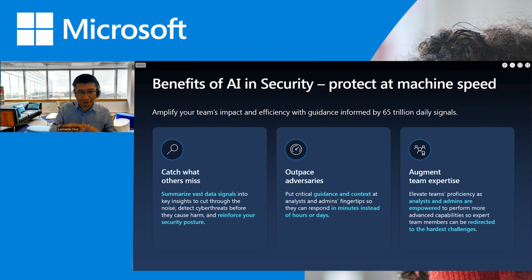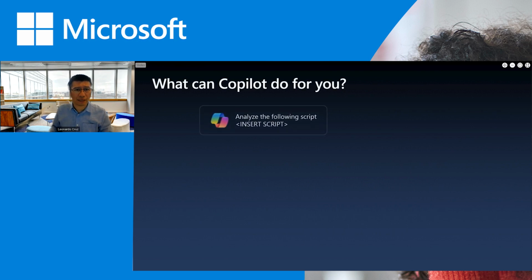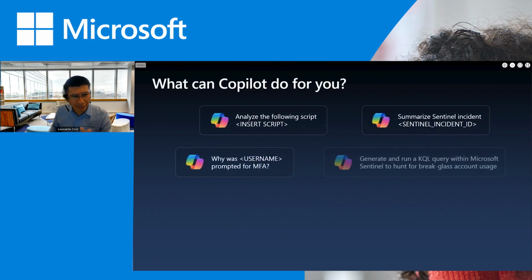So if we have a security team that may have different skill levels, probably the ones that need more skilling can leverage Copilot for Security in order to perform the activities and learn about how to perform the security management. So in that sense, how does Copilot work?